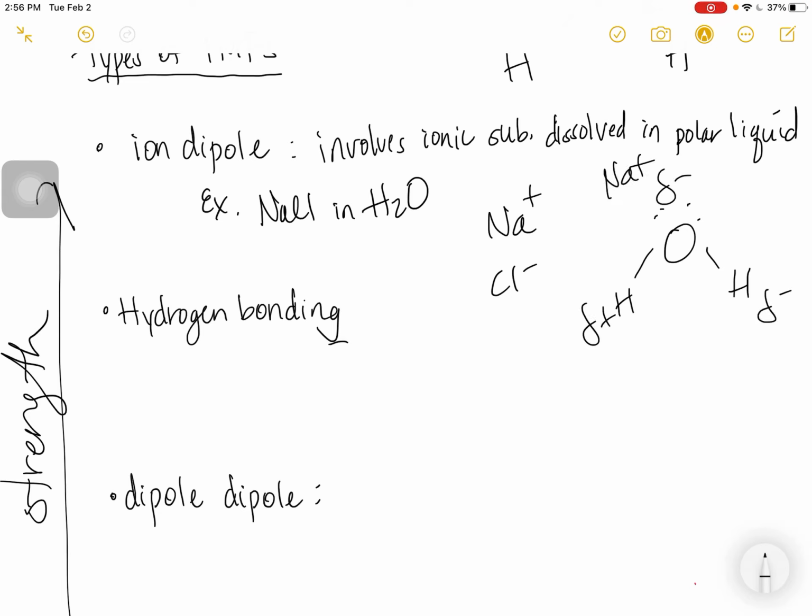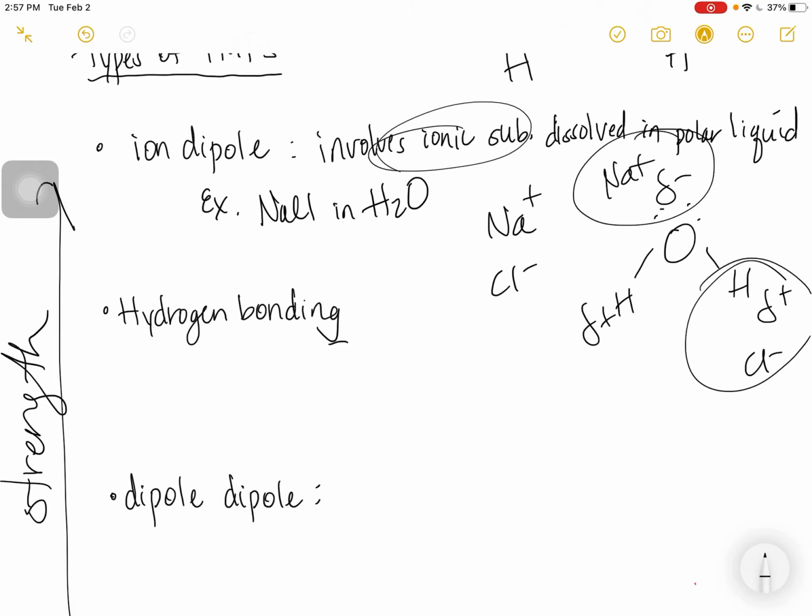So your Na is going to scoot over here, and your Cl is going to scoot close to your partial positive, and that's an ion dipole force. It's pretty strong because it's a full-blown ionic charge with a partial charge. It only occurs for ionic substances in water, so it's the one we see the least of, but it is technically an intermolecular force.